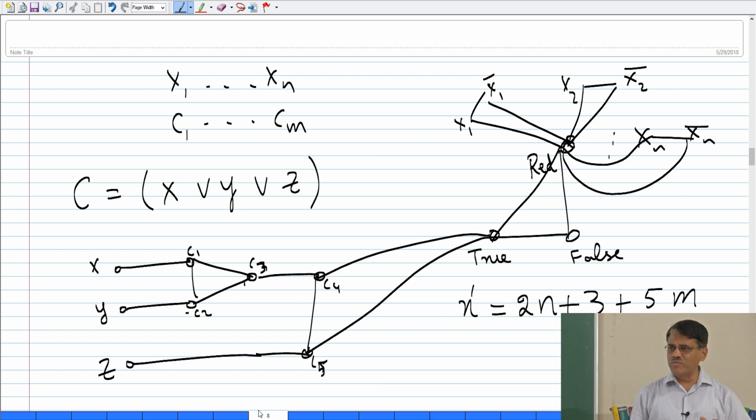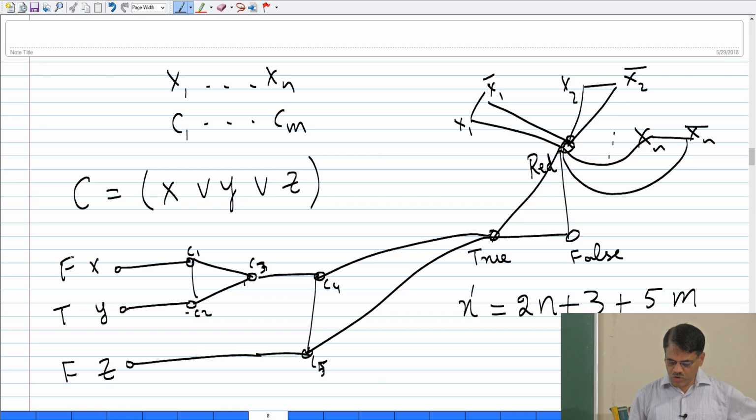I will run through all possible combinations and argue that you can color them with these 3 colors. Let's pick one assignment. Let's say y got true in my overall assignment which satisfies all the clauses, and let's even assume that these 2 variables got false. I am going to give you a 3 coloring of these vertices.